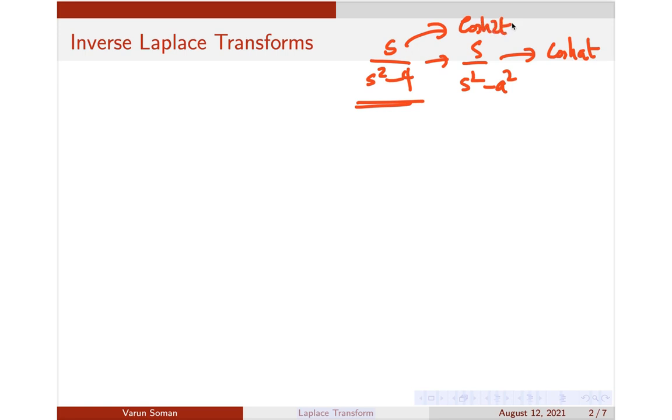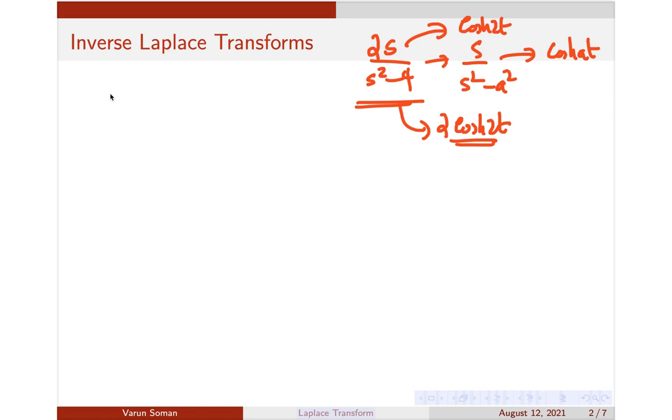Now if I make the problem a bit more complex, can you find the inverse transform of 2s by s square minus 4? Yes, how? Because of linearity, you can take 2 outside and then it will simply be 2 cosh 2t. If you understand the linearity property, you will understand how this step was got. Now let us take the discussion a bit further.